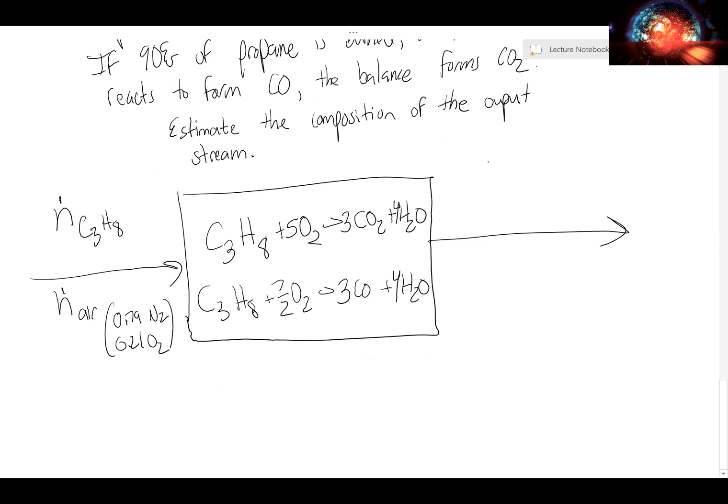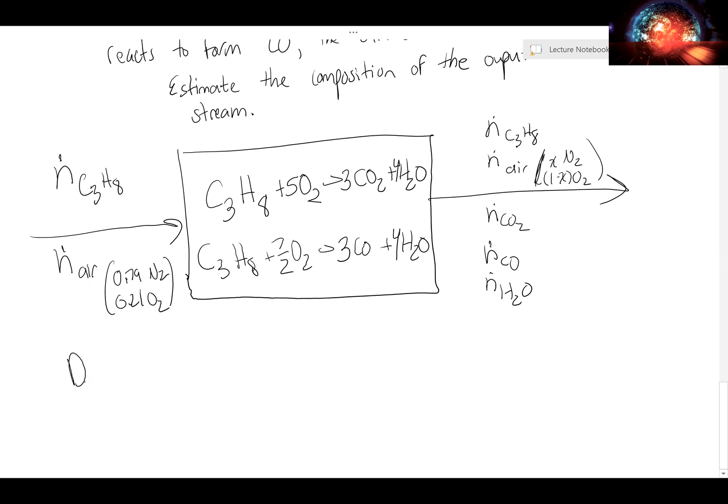Leaving the process, I have C3H8, air, CO2, CO, and H2O. You really don't know the composition, you just know oxygen is being consumed, so that composition is really unknown.